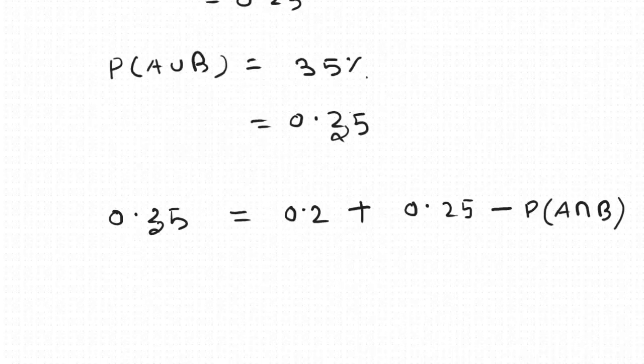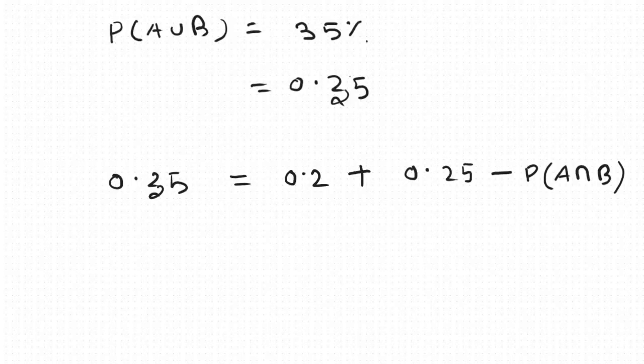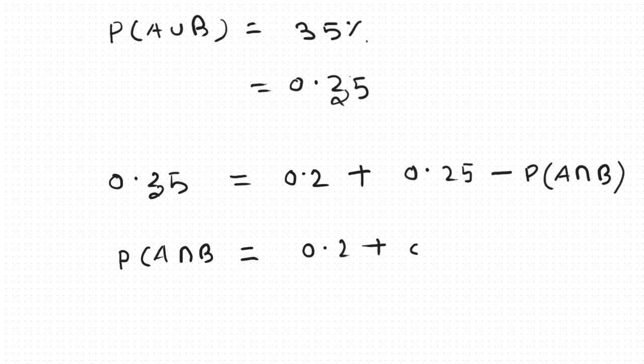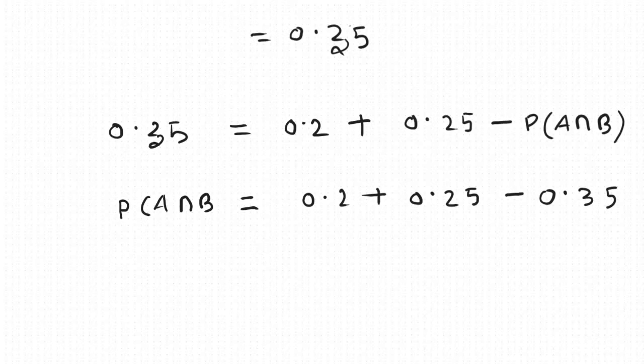So now we can take probability of A intersection B to the left side, and we can write probability of A intersection B equals 0.2 plus 0.25 minus 0.35.